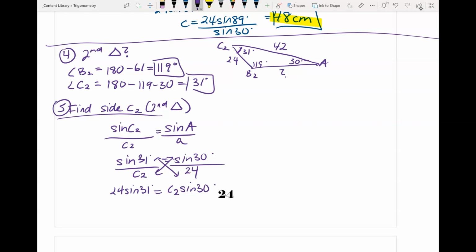Then divide both sides by sine 30 to get C2 by itself. Put this into your calculator. This is 24.7 centimeters as your final answer.